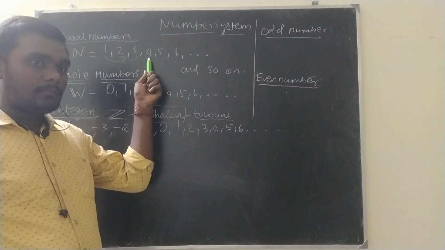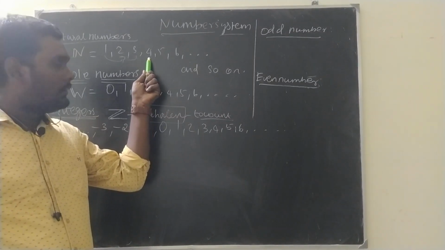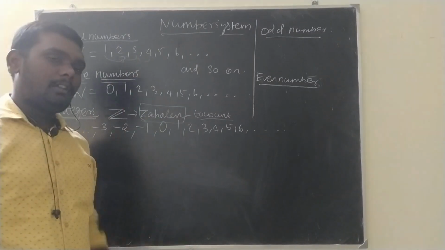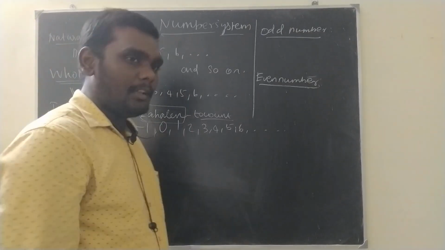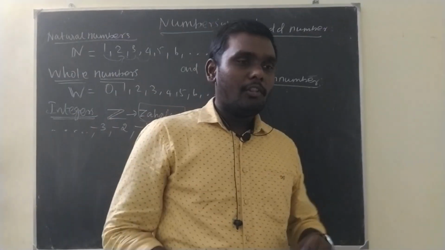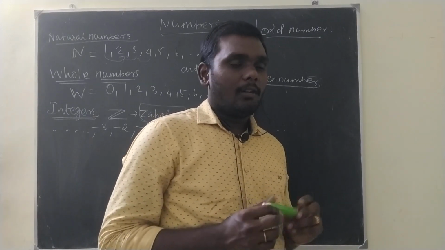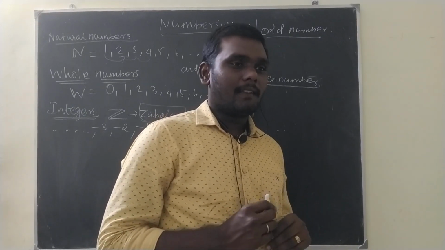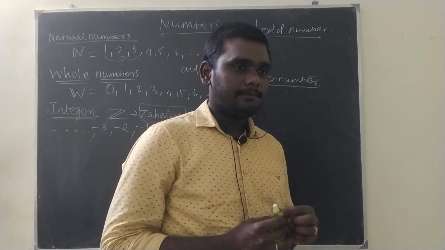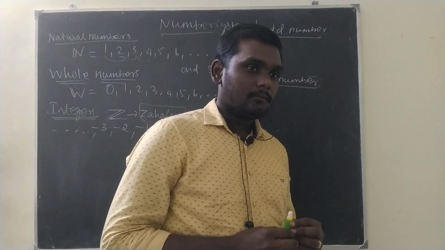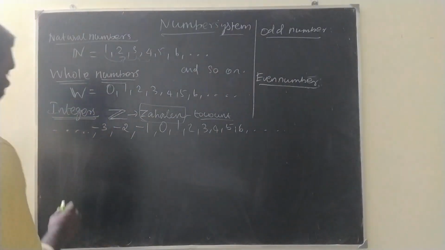Next 4, which is 1 more than the previous number. So when you say next number, the immediate next number, we should add 1 to the existing number. That's what we are calling successor.